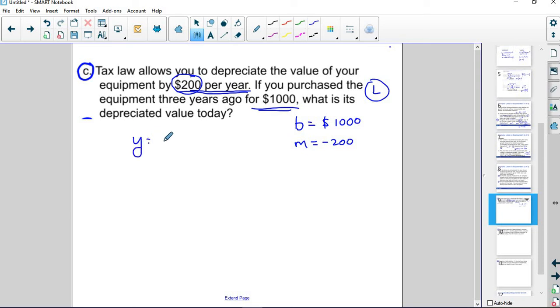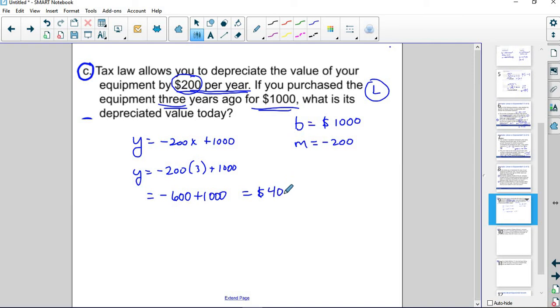Okay, so you get y equals minus 200x plus 1,000, and then that was 3 years ago. And so if you plug in 3 for x, right, and again, you could do that in your head. 3 times 2 is 6, and so you'd get negative 600 here. You'd go down by 600, and so it's worth $400 now. Obviously, this model only works until you get down to 0, and then it doesn't make any sense anymore. But so that was a linear one.